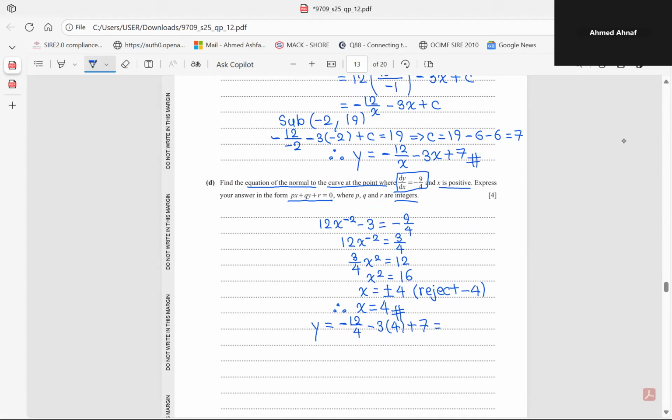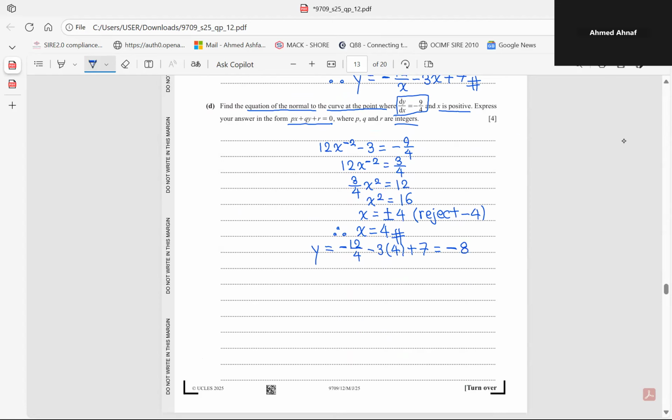So that would be minus 12 over 4 minus 3 times 4 plus 7, which is minus 8. So hence, these are our coordinates, 4 and negative 8.